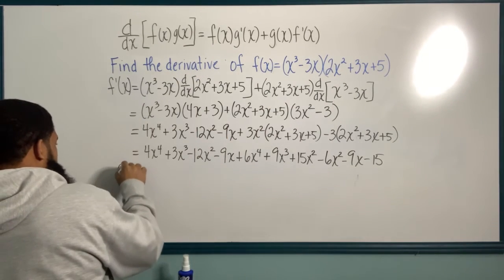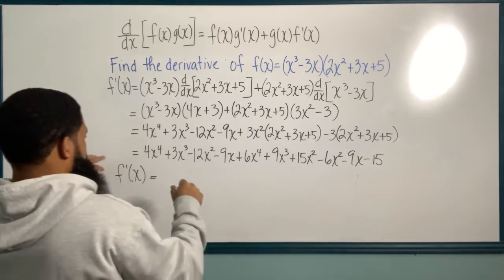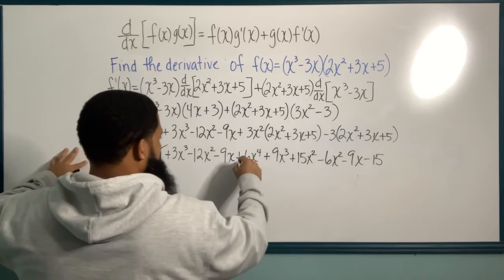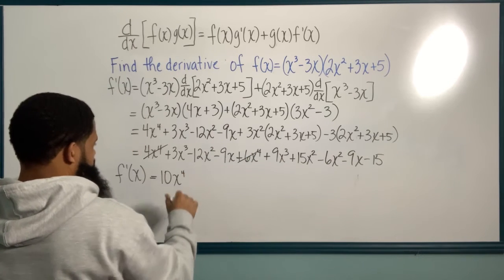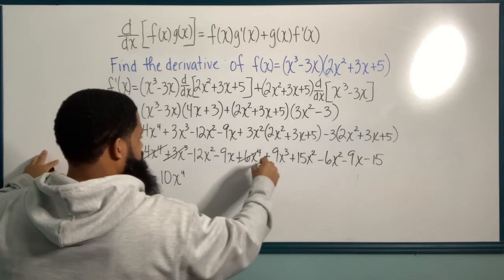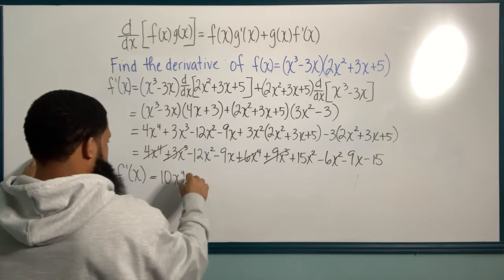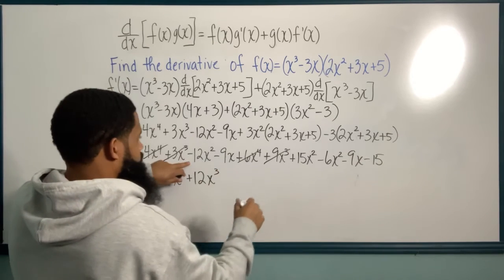So f prime of x, which is the derivative, let's look at the exponents. All right, so 4x to the fourth plus 6x to the fourth equals 10x to the fourth. All right, look to the third power. 3x to the third plus 9x to the third is 12x to the third.